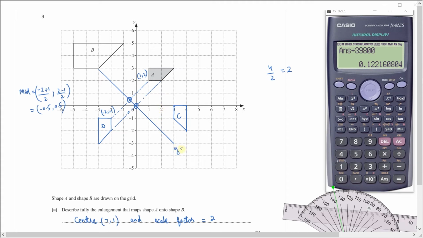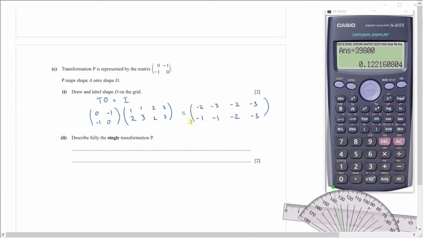So the equation of this line is y equals -x. So transformation P will be a reflection in the line y equals -x. So this is how you will find out or describe the single transformation P.